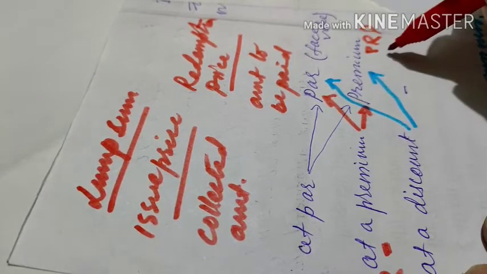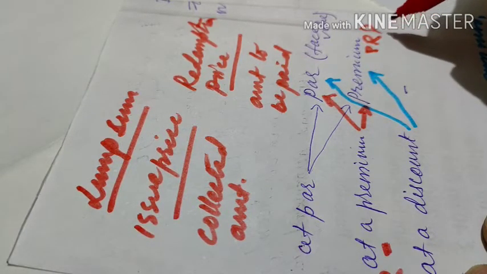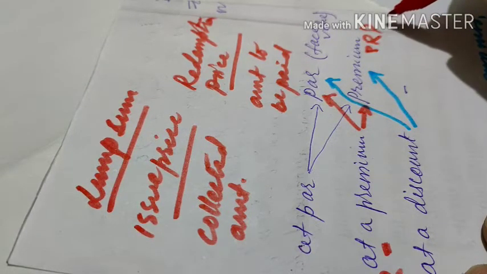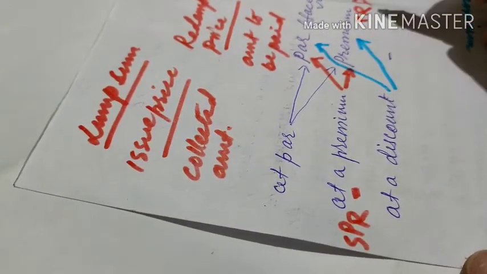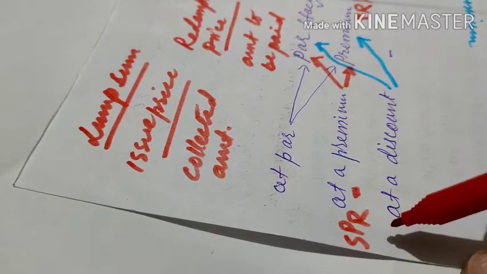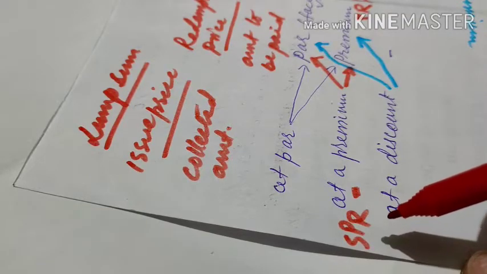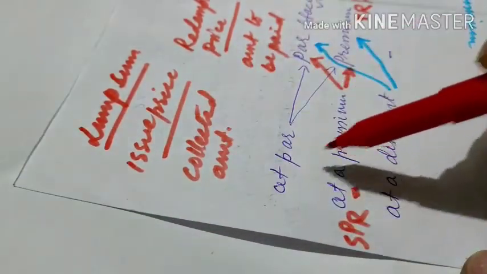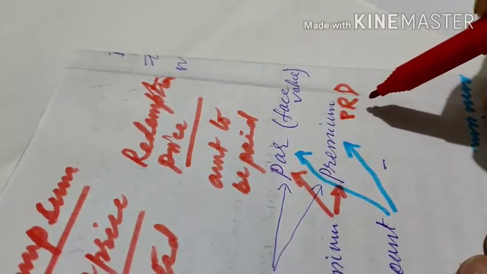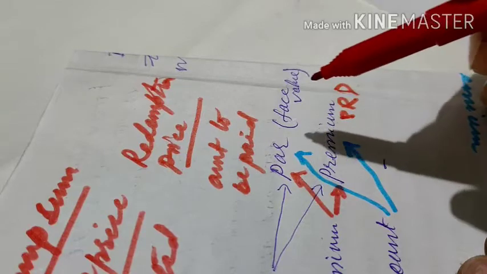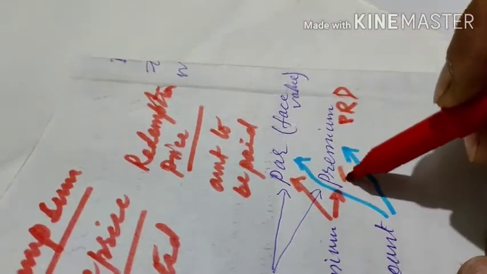PRD means premium on redemption of debenture. See the difference between SPR and PRD. SPR will be used when debentures are issued at a premium, and PRD will be used when debentures are redeemed at a premium.